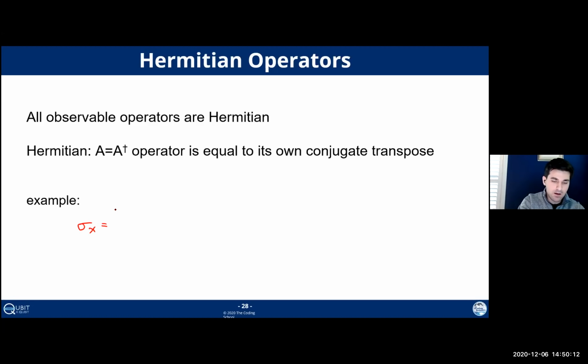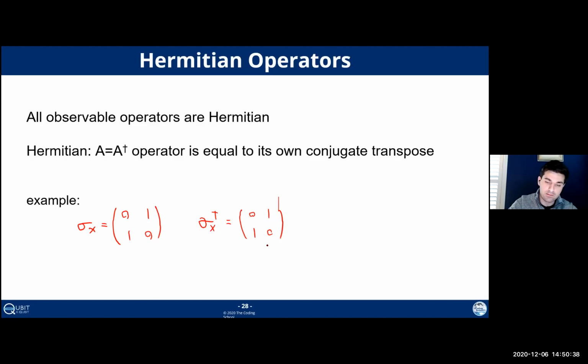Well, sigma x is equal to 0, 1, 1, 0, right? And what is sigma x dagger? Okay, well, let me do the transpose of this first. So the transpose of sigma x is 0, 1, 1, 0.